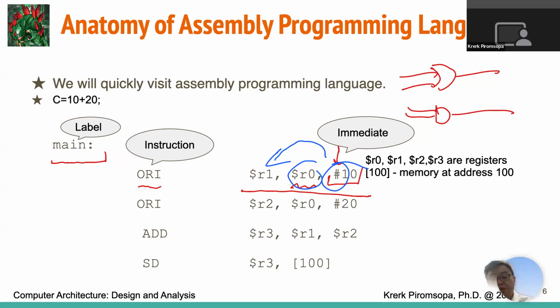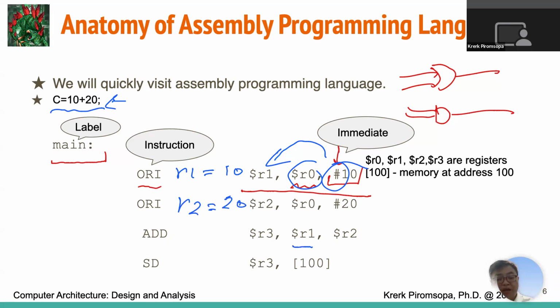So let's say I want to do C equals 10 plus 20. This is how you may write it in a high-level programming language like C or Python. You would write something like this. But eventually, you have to translate it to something. Okay, so in this case, we say we want R1 to be 10, R2 to be 20.